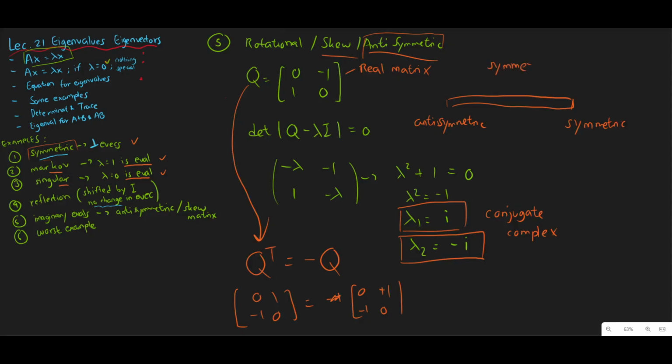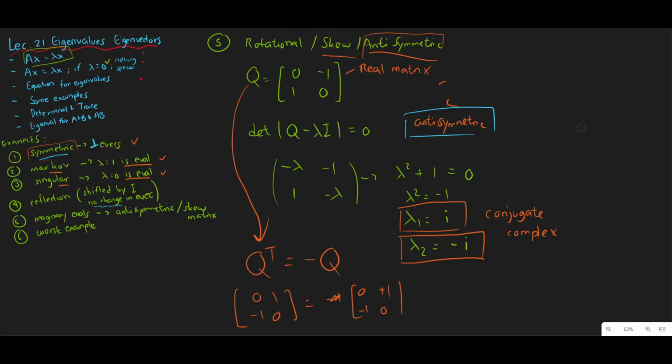In the symmetric case you end up with really real eigenvalues, while in the anti-symmetric case you end up with imaginary eigenvalues. And when you have something in the middle, you will still have the nice case of real eigenvalues. So that's the 5th example.